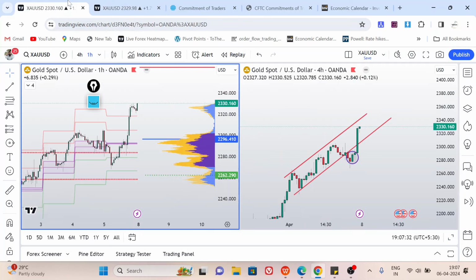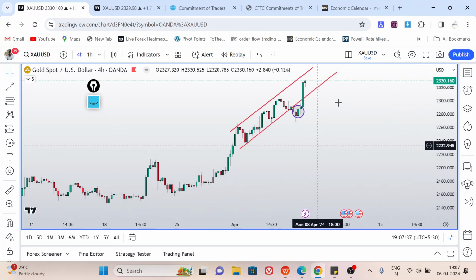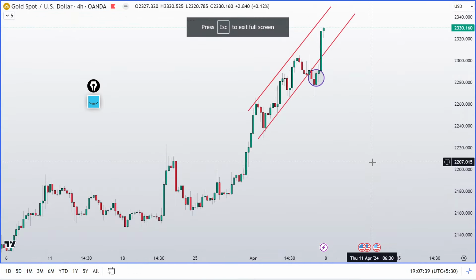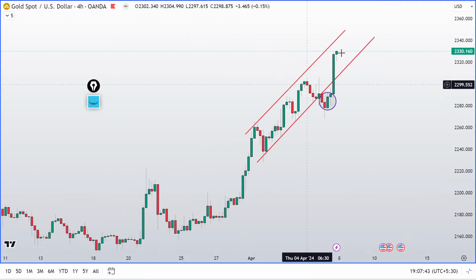On the technical chart, let's discuss the 4-hour time frame. On this 4-hour chart, you can clearly see that gold is super bullish, and it is printing a new all-time high every day. In the previous week we already saw this big move.